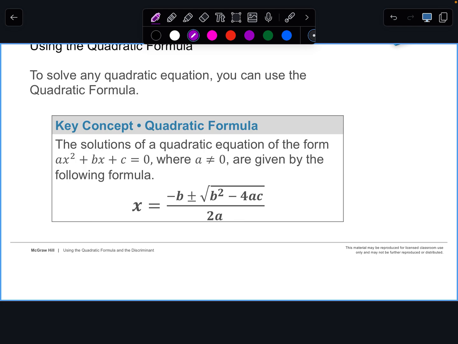X is equal to opposite b plus or minus the square root of b squared minus 4ac all over 2a. Your turn, as loud and obnoxious as you can. X is equal to opposite b plus or minus the square root of b squared minus 4ac all over 2a.